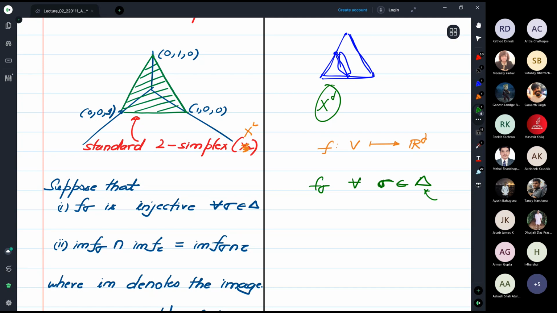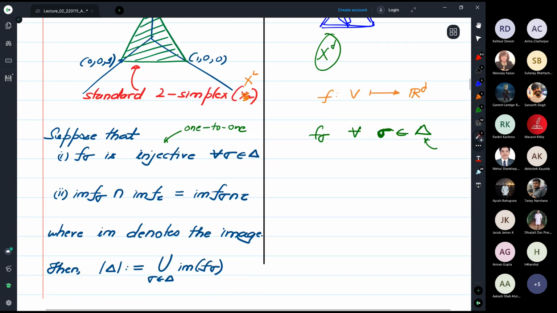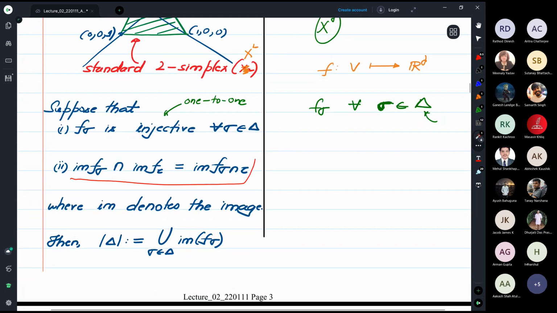You pick one such subset, and for every such subset you have this function f sigma defined as we did above. Now suppose the following two conditions are true. First, f sigma is injective, which means that it is 1-to-1, for every sigma in delta. And furthermore, suppose the following condition holds.